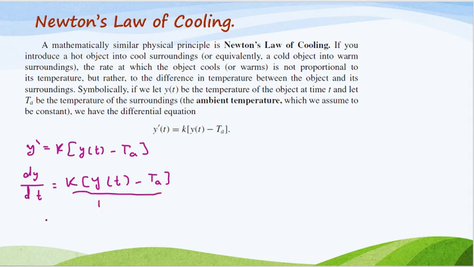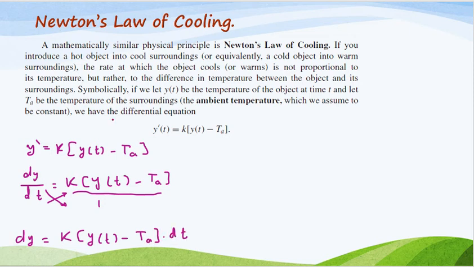This has denominator 1, so we can multiply across. dy times 1 is equal to k times y of t minus Ta times dt.